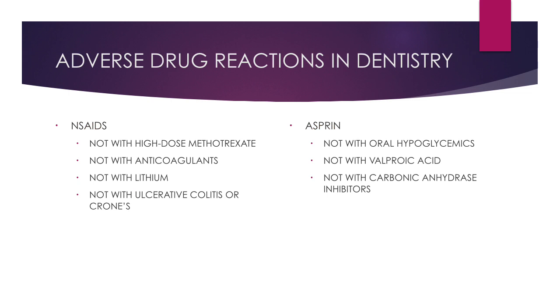Again, non-steroidal anti-inflammatories. You cannot utilize that with high-dose methotrexate, with anticoagulants, with lithium, and it is not indicated in patients with ulcerative colitis and Crohn's disease. It is also greatly discouraged in patients with irritable bowel syndrome.